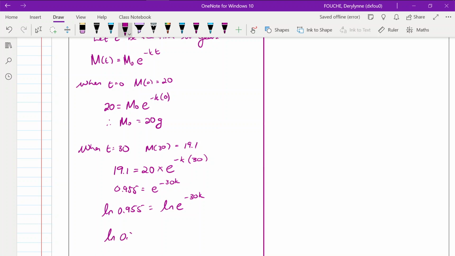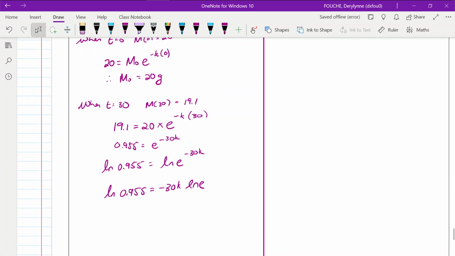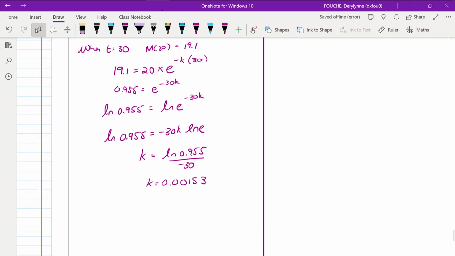So I have ln 0.955 is negative 30k ln e, and obviously ln e is equal to 1, so k is ln 0.955 divided by negative 30, and when I work through that I get that k is 0.00153.